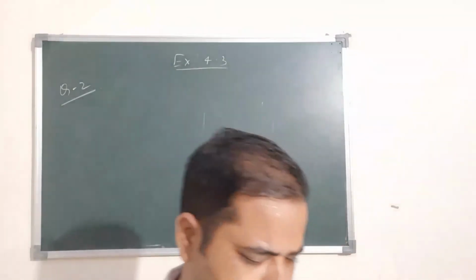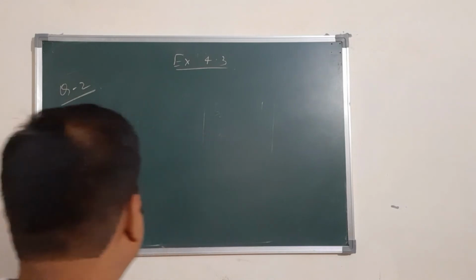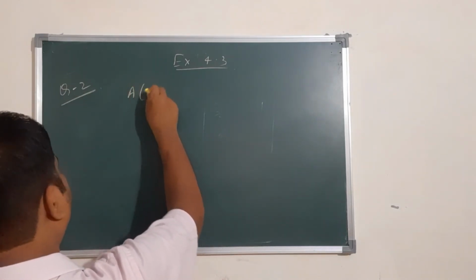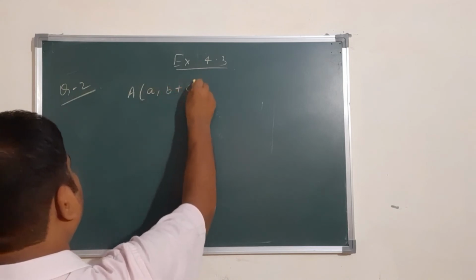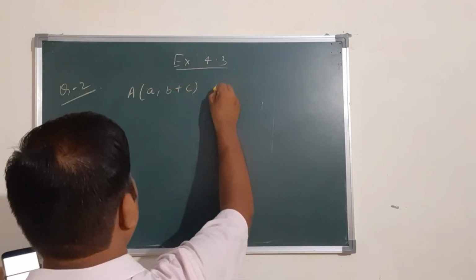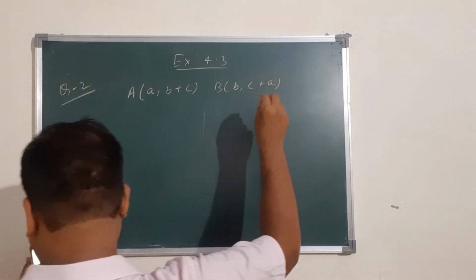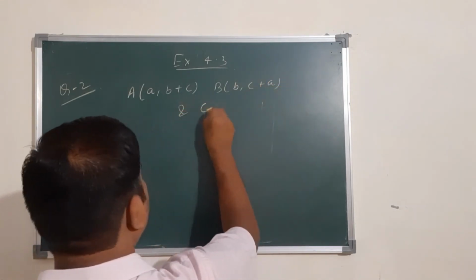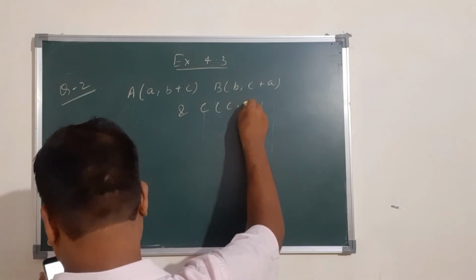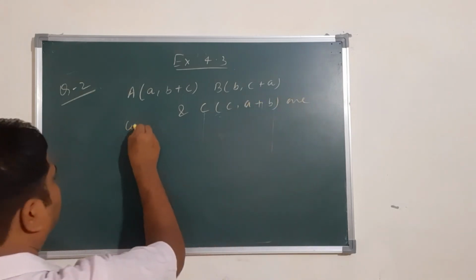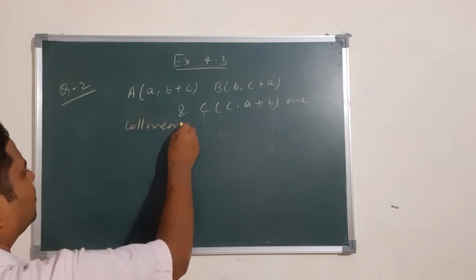And question number 2: show that the points (a, b+c), (b, c+a) and (c, a+b) are collinear. This is also a good question.